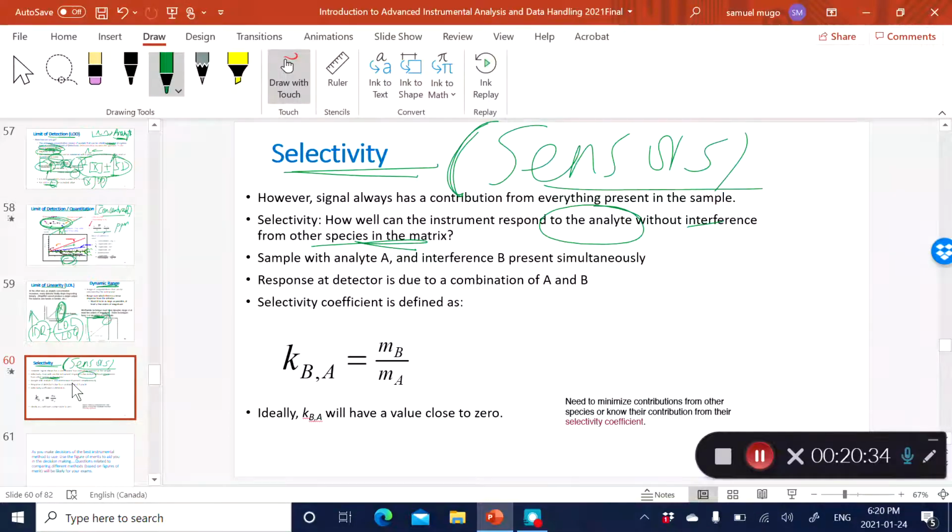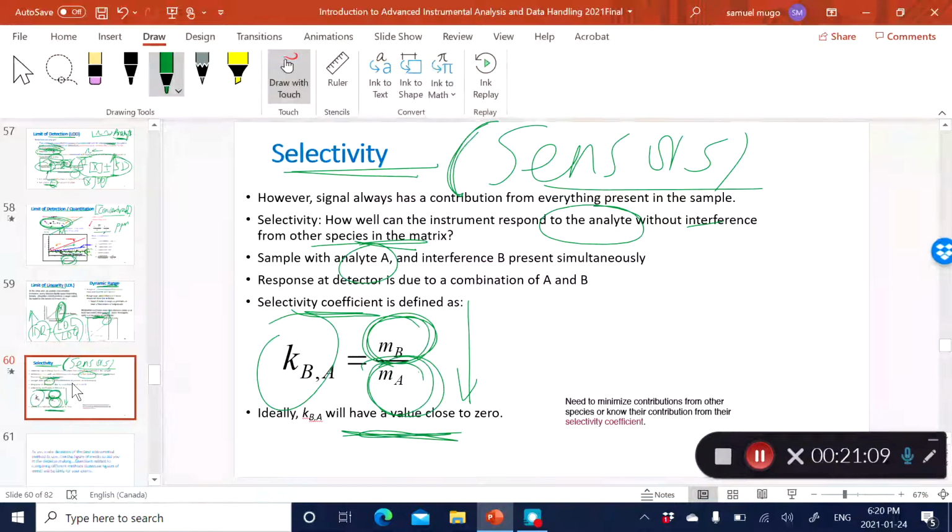You want your sensors to be completely blind to the matrices but very selective to the analyte of interest. You calculate selectivity using the selectivity coefficient, which is the response of the matrix divided by the response, or the sensitivity, of the analyte. The smaller the K is, the better, the more selective your method is towards your analyte. So take note of that.